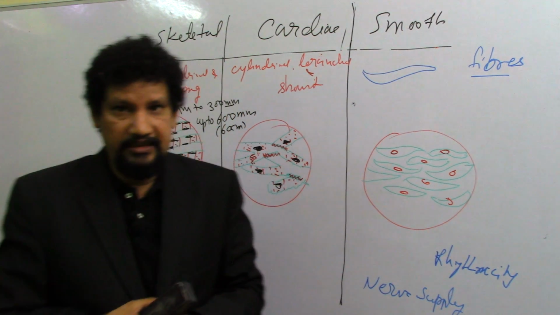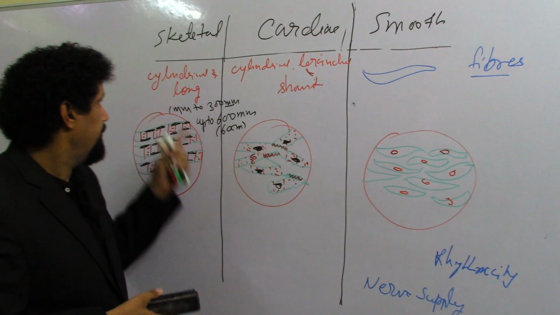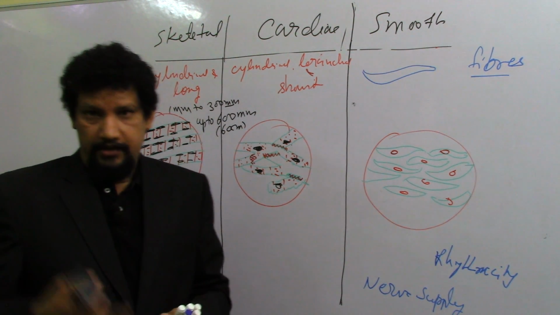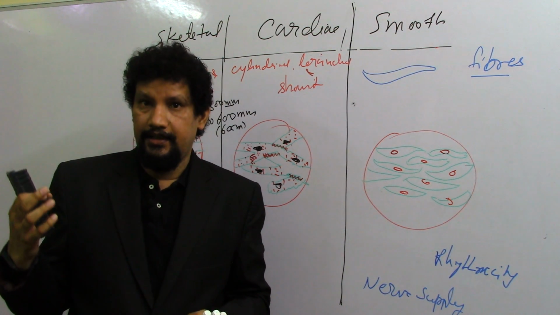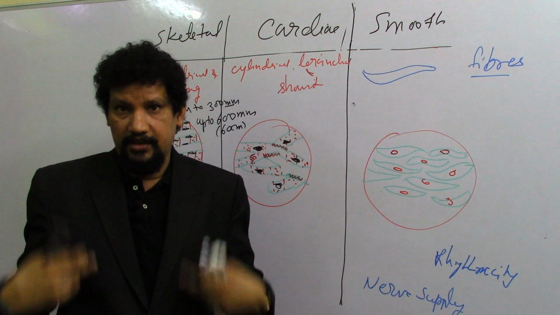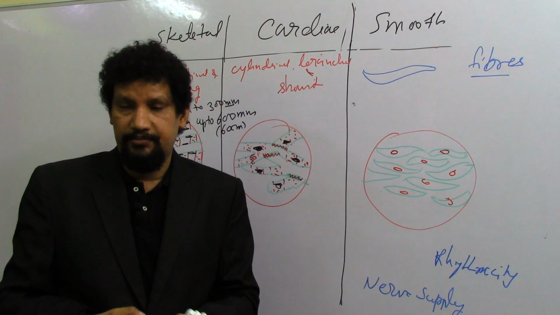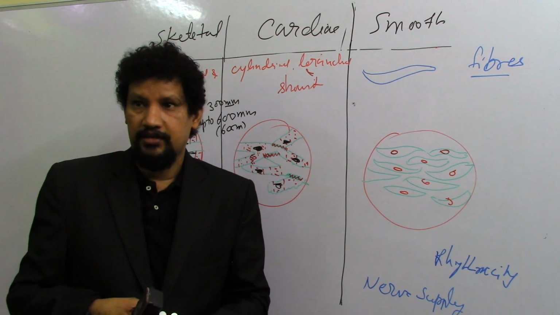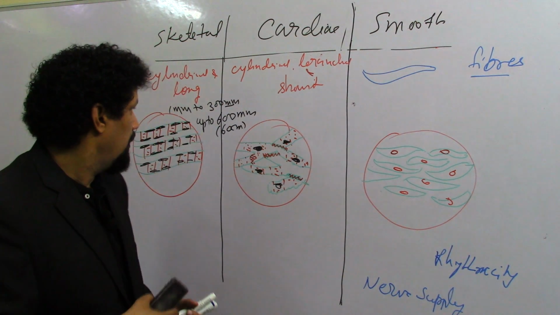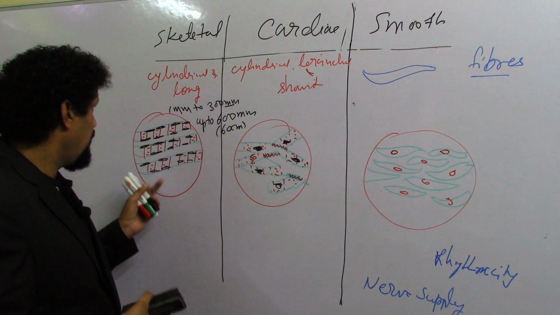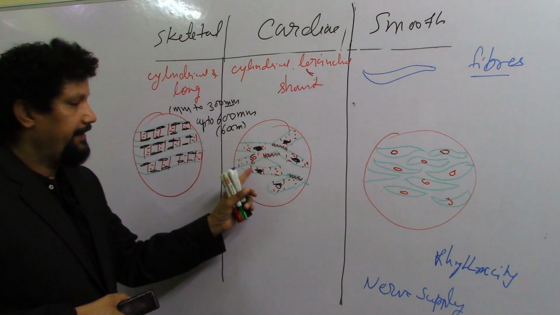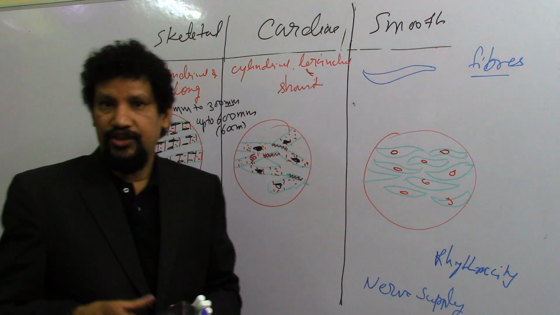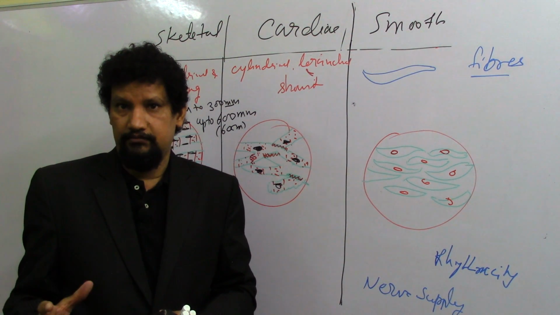So these muscles are supplied by the motor nerves of the head and neck, from the cranial nerves, and the skeletal muscles of the trunk, upper limbs and lower limbs are supplied by the 31 pairs of the spinal nerves by their anterior horn. These muscles, cardiac muscles, are supplied by the autonomic nervous system.